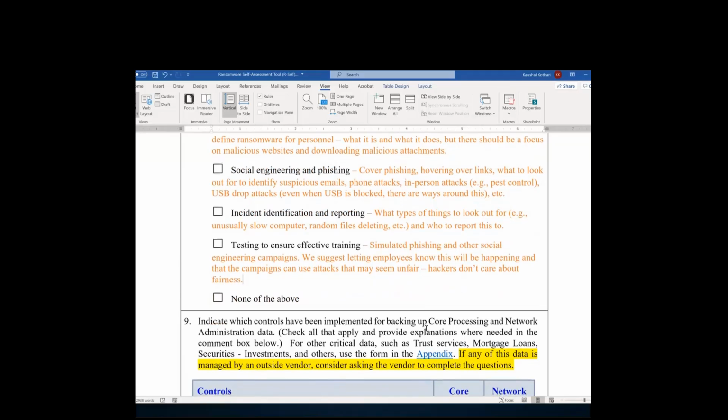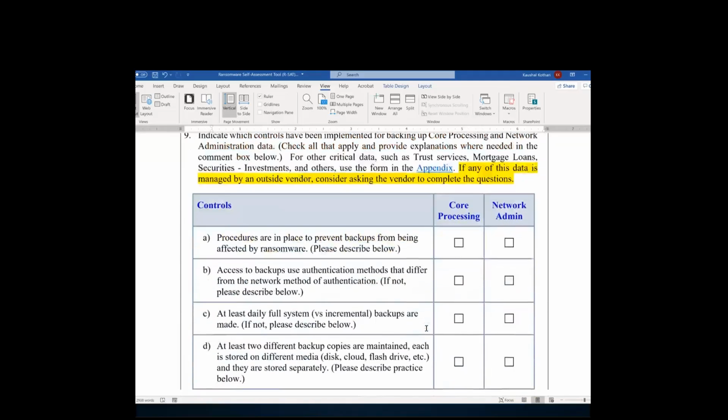So number 9 is where we start kind of digging into some of the questions on specifically the ransomware. And so what I'll note here is they have a section here and it says, if any of this data is managed by an outside vendor, consider asking the vendor to complete the questions.